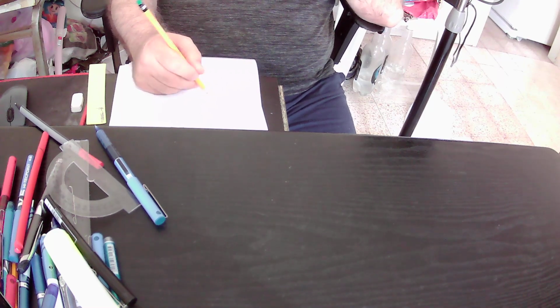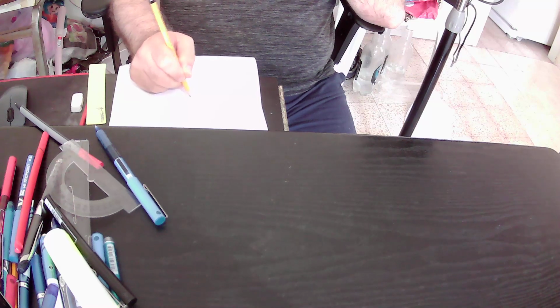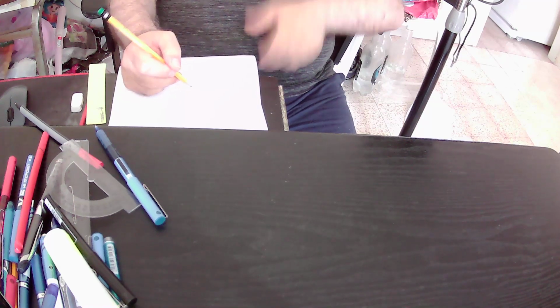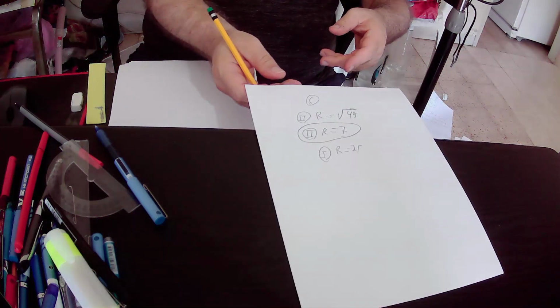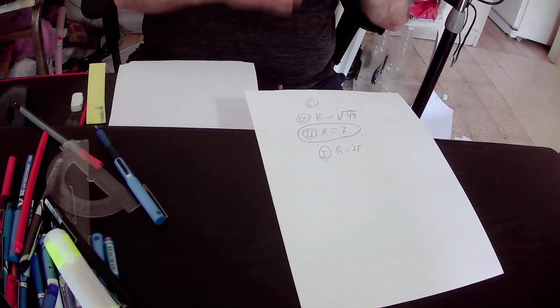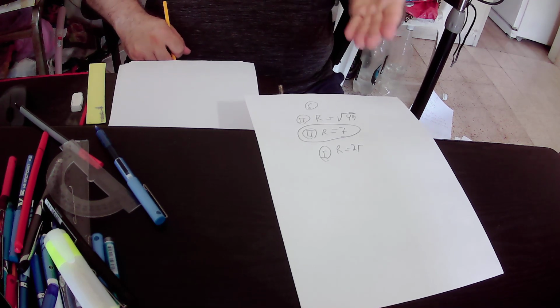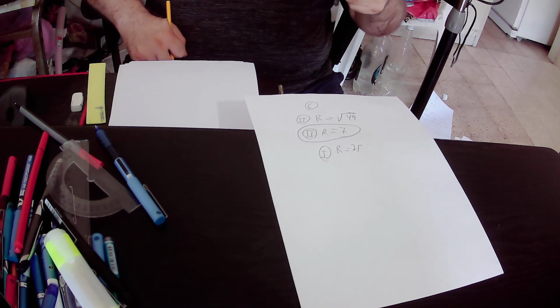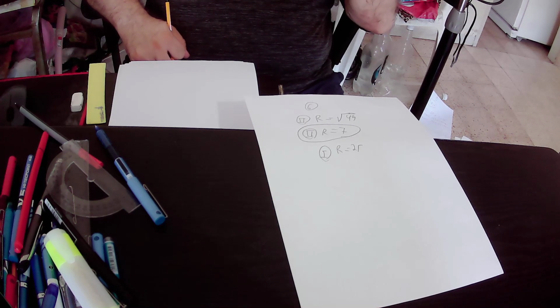According to equation number 1, capital R equals 2 times small r, but we know from equation number 2 that capital R equals 7, so we can substitute capital R in the first equation by 7, because capital R equals 7 units.